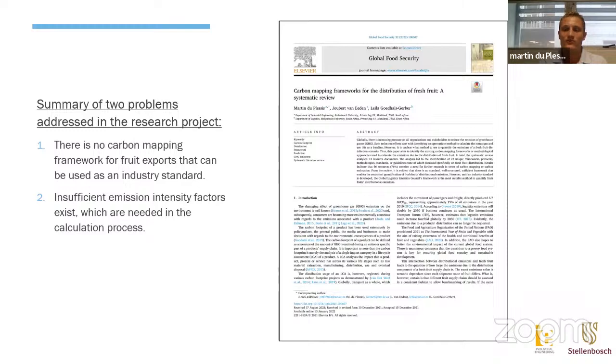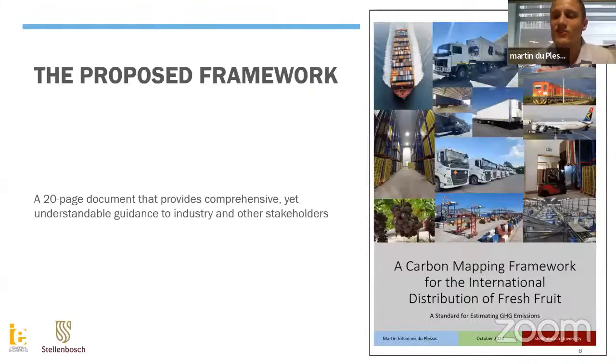So this problem was confirmed by one of my published articles. I'll share the link afterwards. This article just summarizes these two problems which I just discussed. So my solution to this complex problem is a recipe that contains all the ingredients which you need to quantify the emissions of a specific distribution scenario.